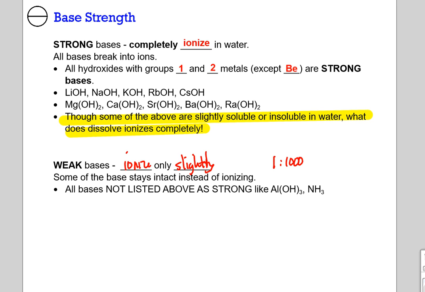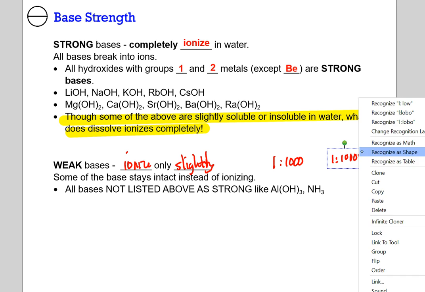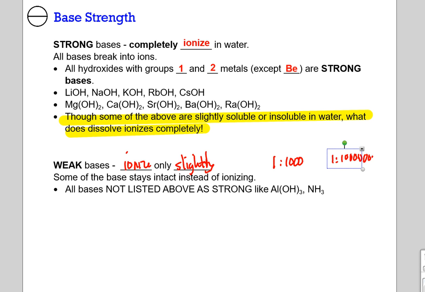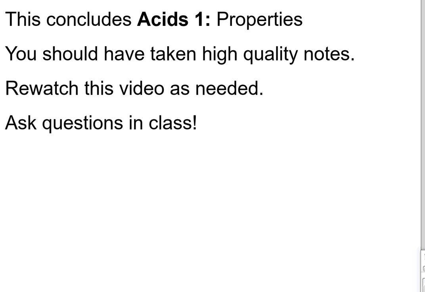That's a good thing to keep in mind, that that's a small number, and oftentimes it can be as low as maybe 1 in every 10 million. So we get some very small values out of this when we say something is a weak acid or weak base. So all the bases not listed above are considered weak. Aluminum hydroxide and ammonia are weak bases.